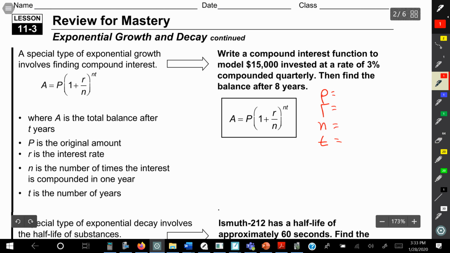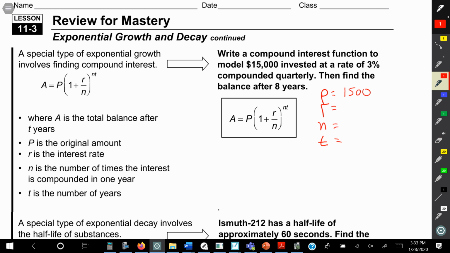It says write a compound interest function to model $15,000 invested at a rate of 3% compounded quarterly. Then find the balance after 8 years. So what I have here is the principal, which is 15,000. That's what I begin with. The rate is 3%.